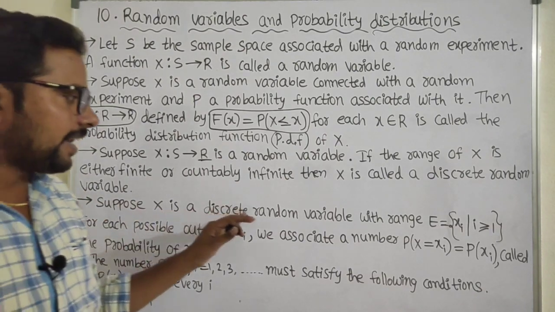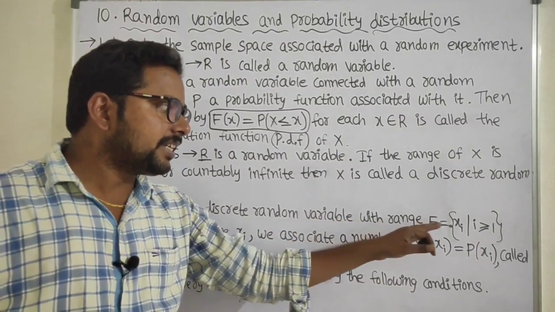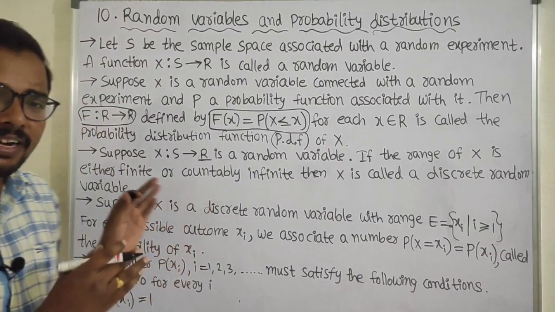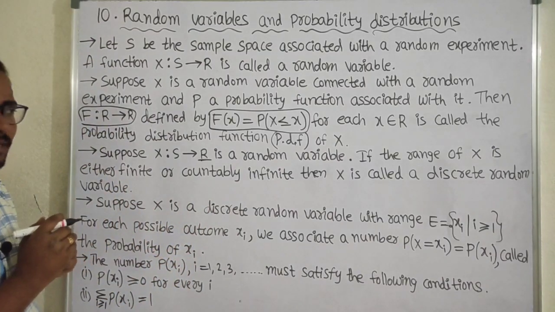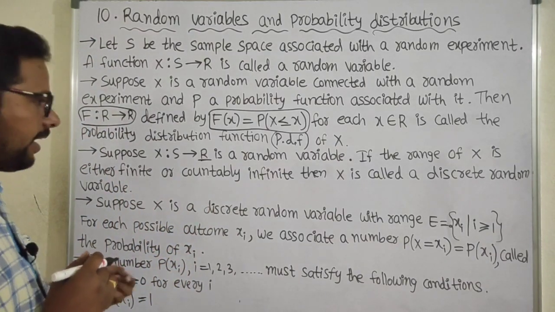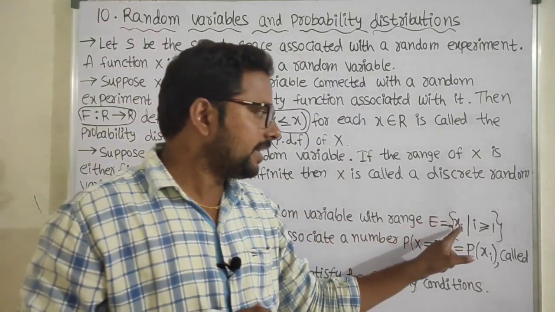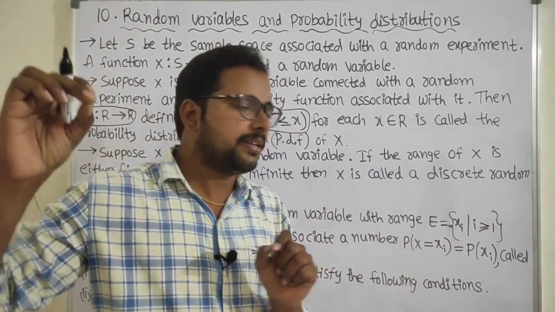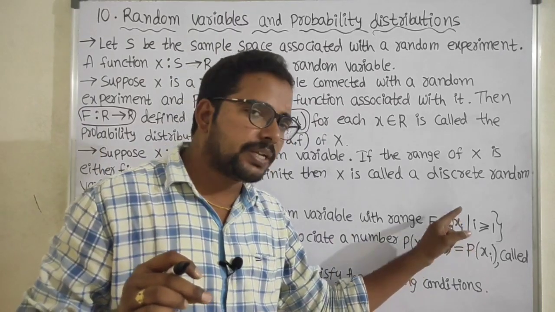Suppose X is a discrete random variable with range E equals x_i such that i greater than or equal to 1, that is x1, x2, x3 and so on.